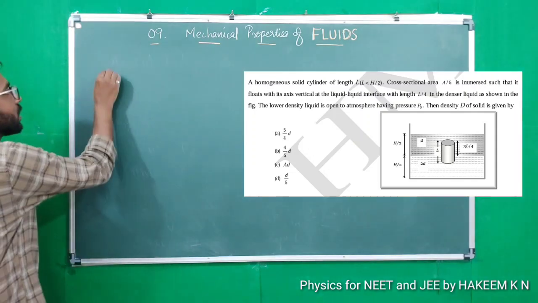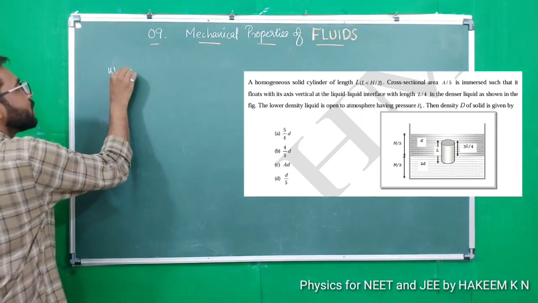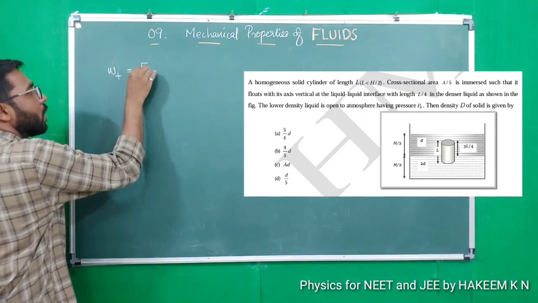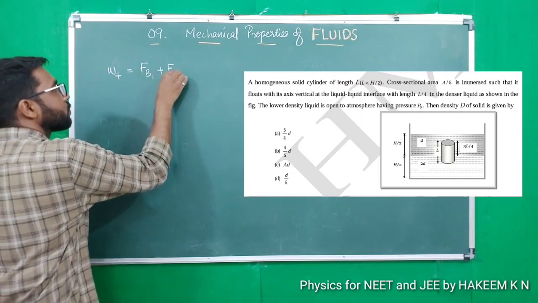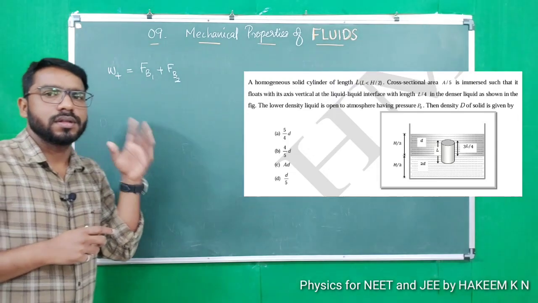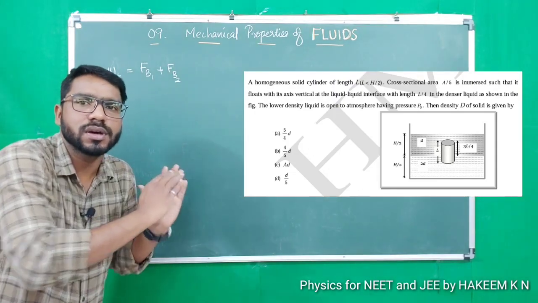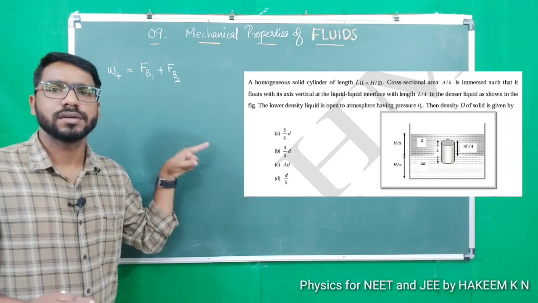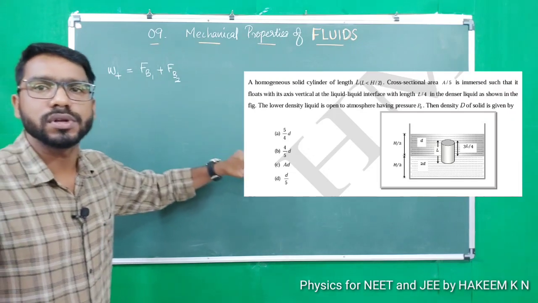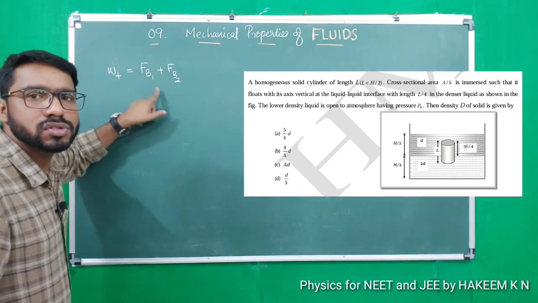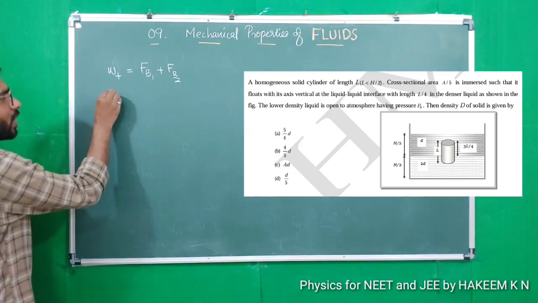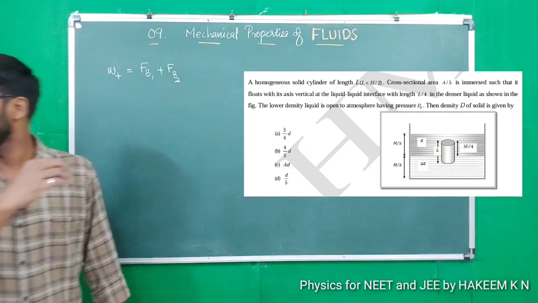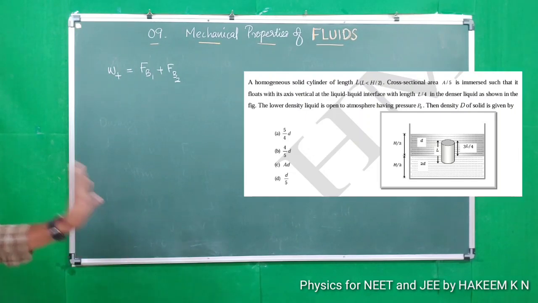So we can say the weight of the body is balanced by upthrust due to two liquids, because the two liquids are displaced due to the body. So we have to take upthrust due to both the liquids. We have to find the density of the body in terms of the density of the liquid.